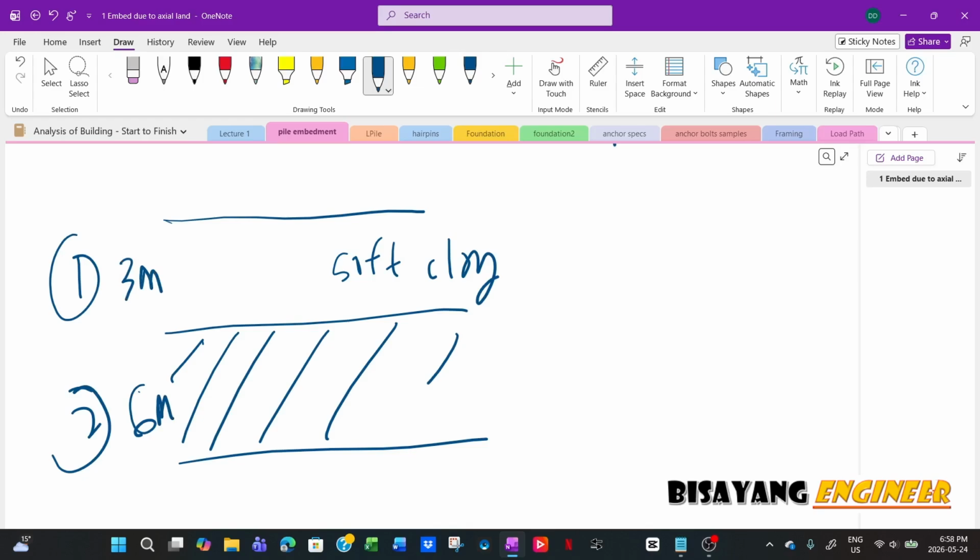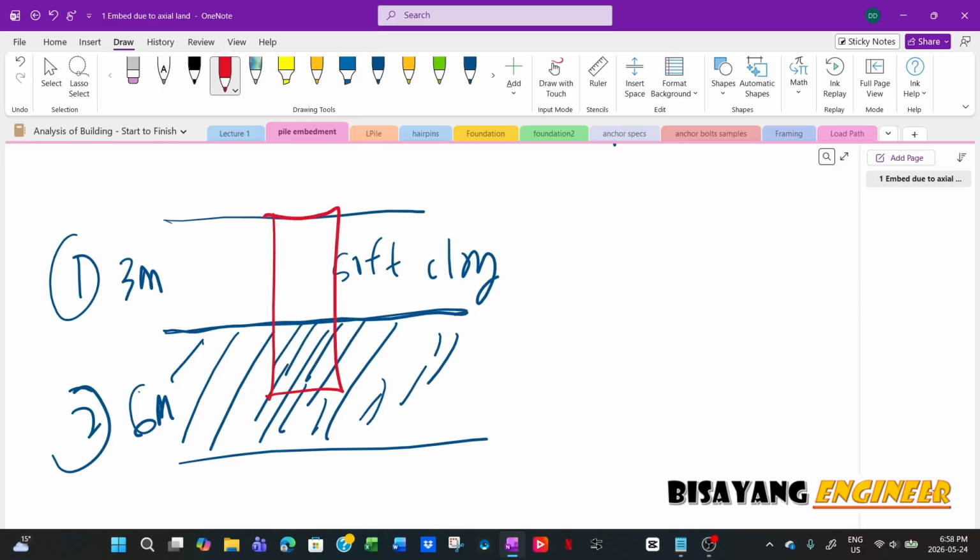But within this strata, you get a good bearing capacity. So what you can do is you will design an end bearing pile.